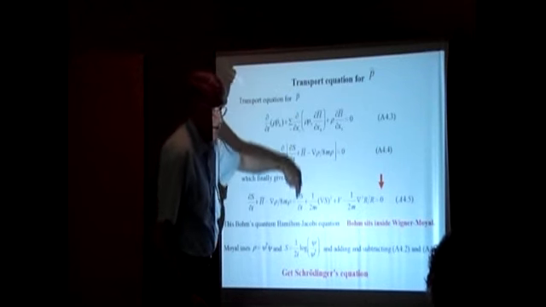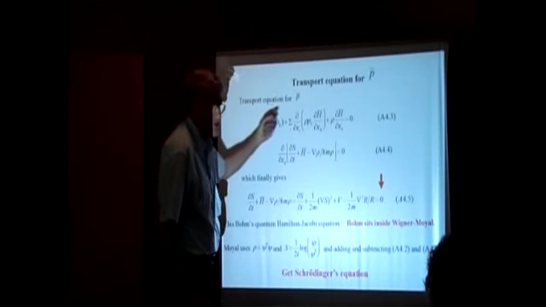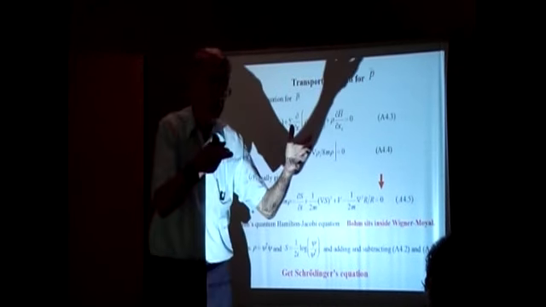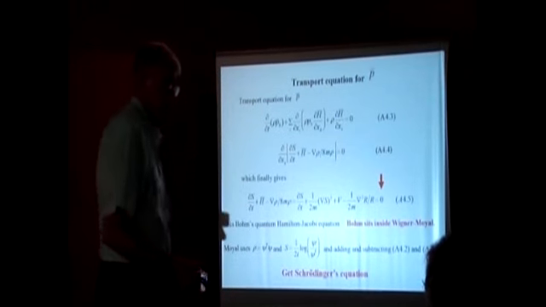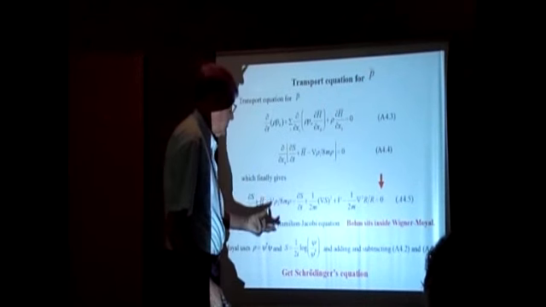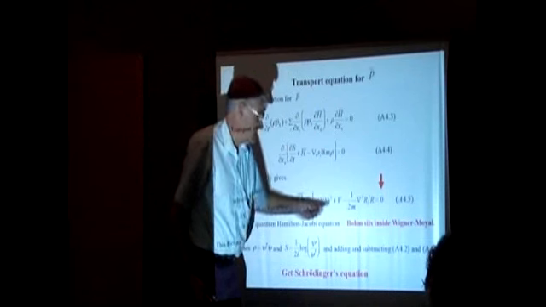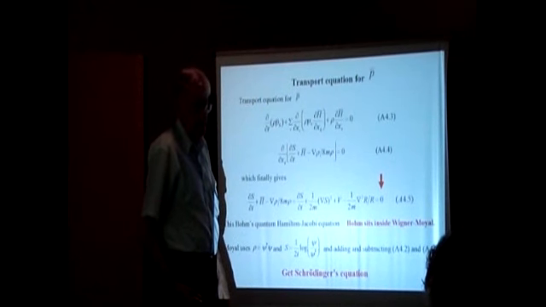So you directly get it by looking for the transport. That's using the df/dt equation, putting in the variables, integrating them, and what you're left with is one of the equations that Bohm starts with.